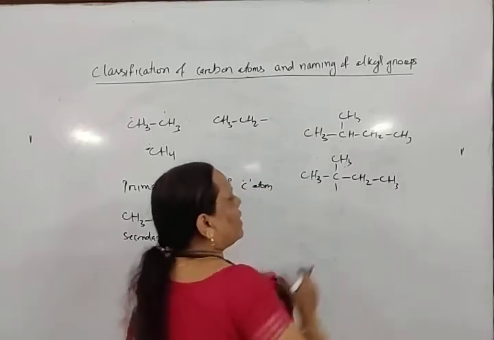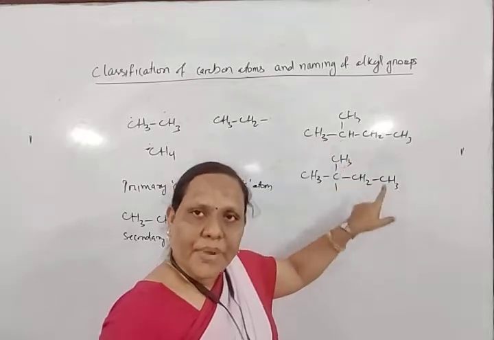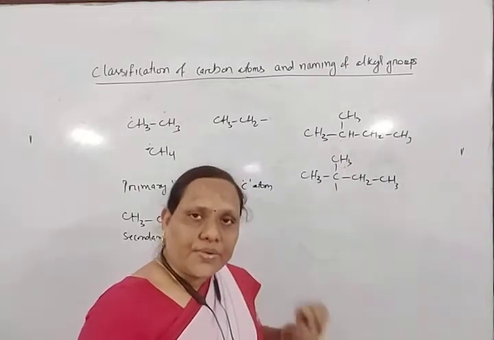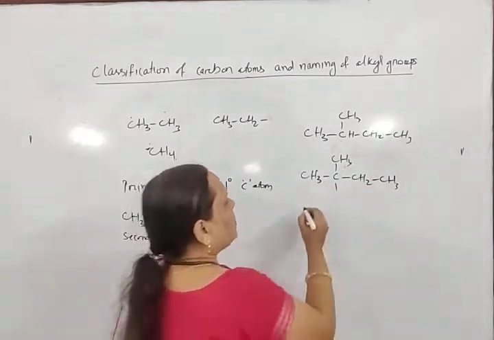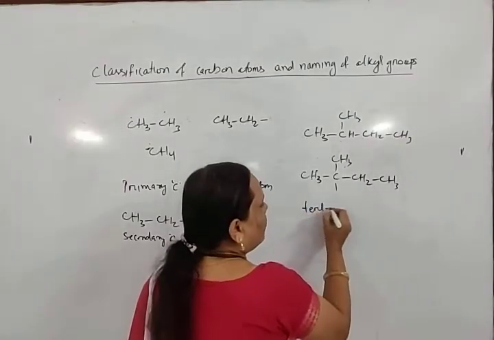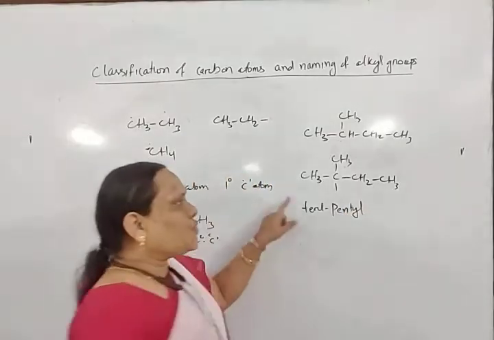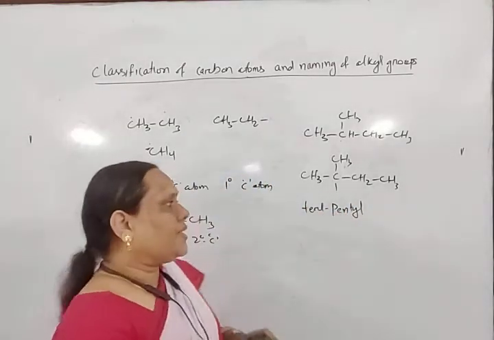The total number of carbon atoms is 1, 2, 3, 4, 5. This is from pentane, and this hydrogen is removed. That's why this is known as tertiary pentyl, or in short, you can write tert-pentyl. So this group is known as tert-pentyl.